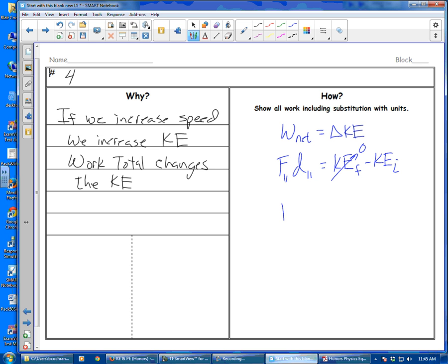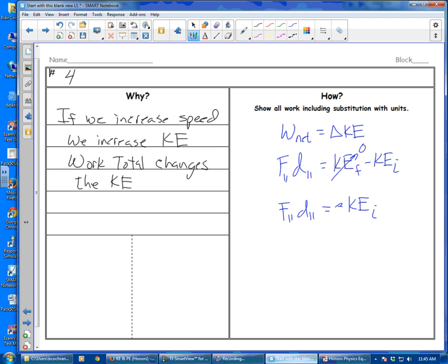The force and the distance that it skids or brakes has to be equal to negative, or the opposite, of the KE it initially has before it starts braking. The reason it's negative is that amount of energy is decreasing. It's not a directionality. It's the fact that you're getting less energy.